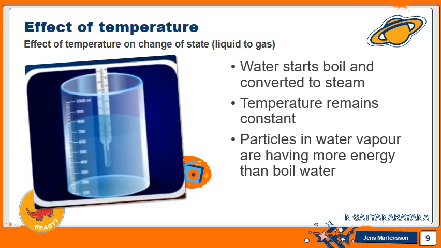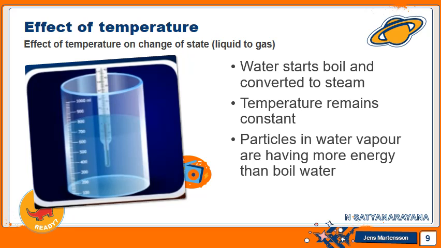At 100 degrees, if you still heat above 100, for some time the temperature remains constant and will not change. Why? Because all the liquid will convert into gas or water vapor. At that time the temperature remains constant. The particles in the water vapor have more energy.